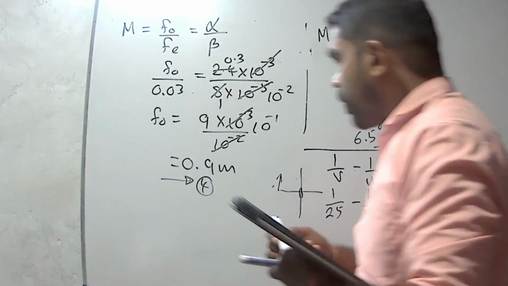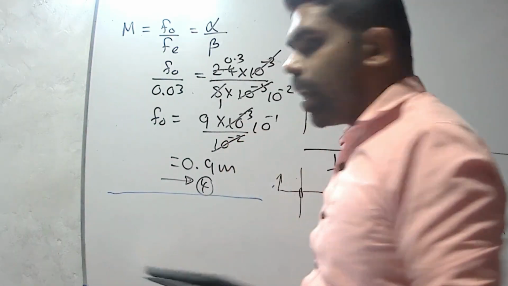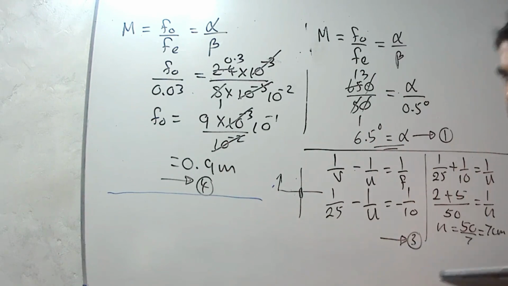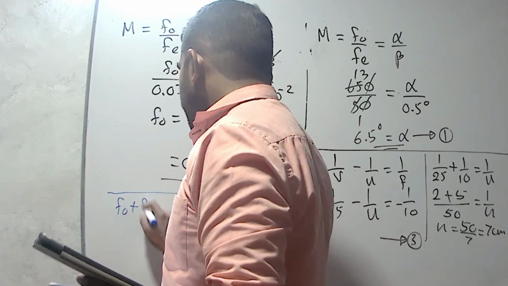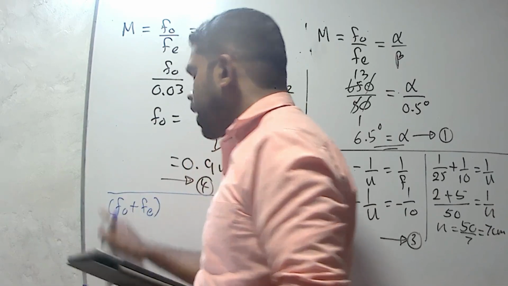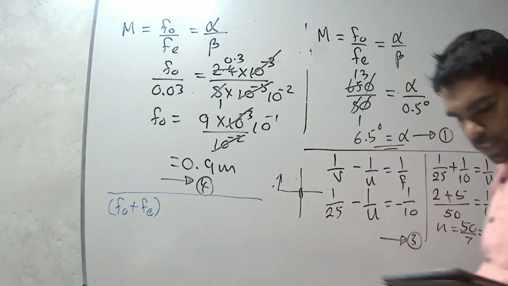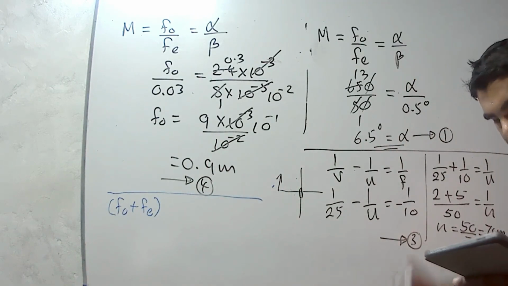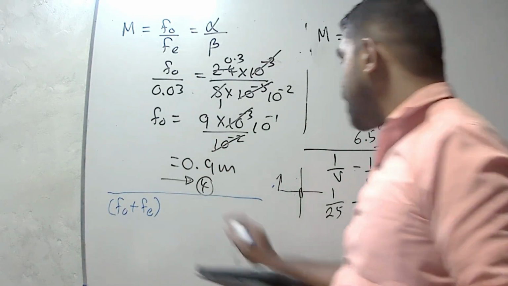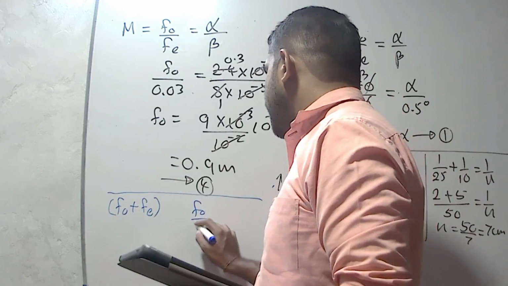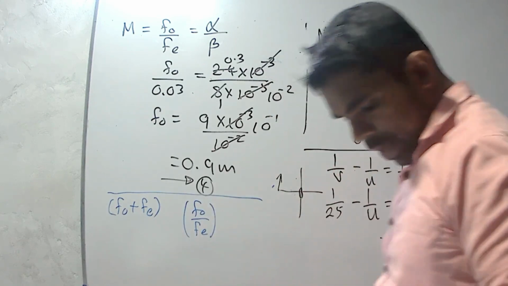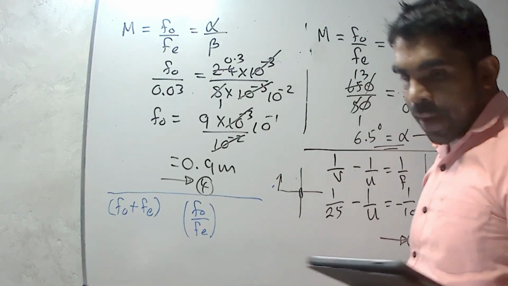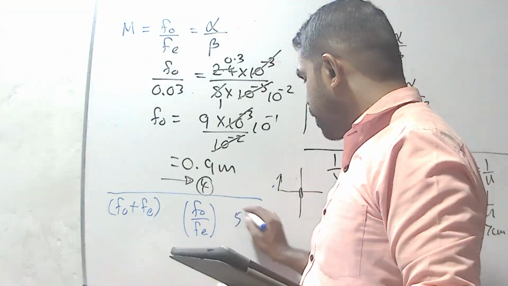We know that for the normal adjustment, the length of the instrument, meaning the gap between the two lenses, is the sum of the focal lengths. And the angular magnification for the normal adjustment of a telescope is f naught over fe. Then we can get the fifth one is the correct answer.